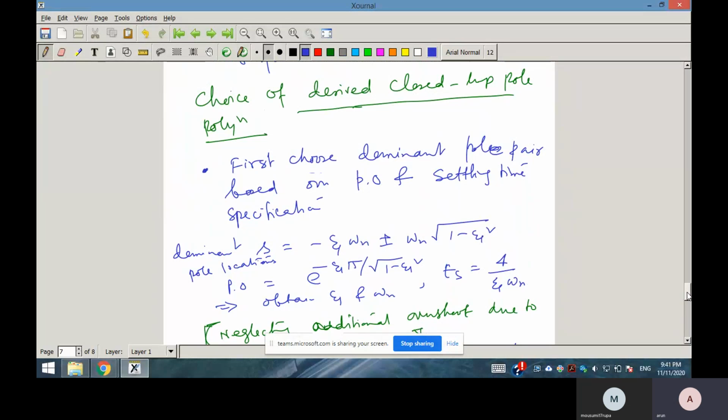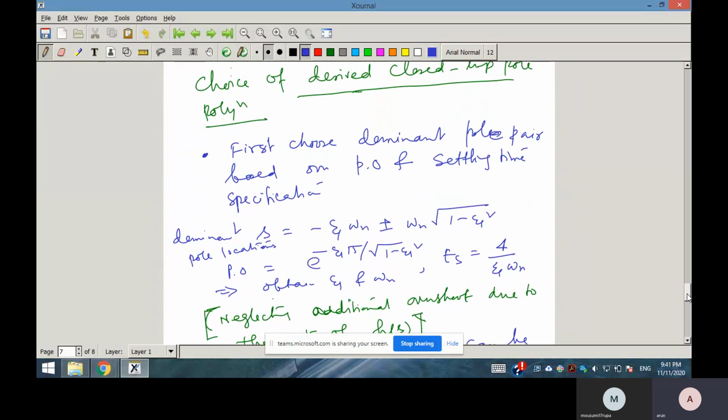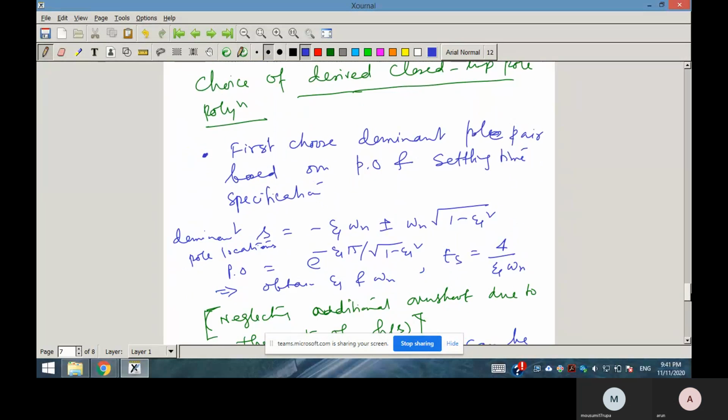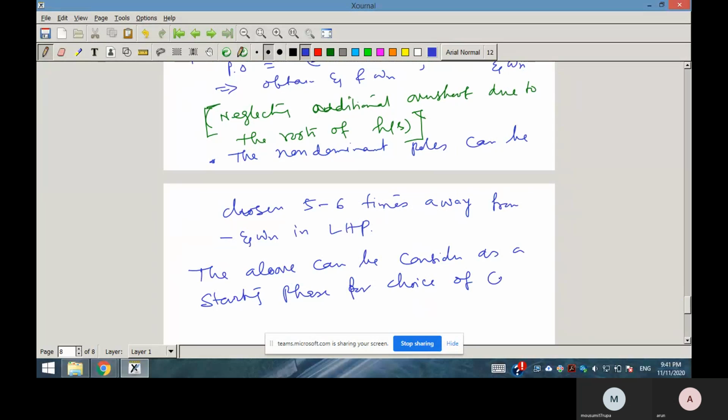It is an iterative process, but the above can be considered as a starting point for the choice of closed loop polynomial.